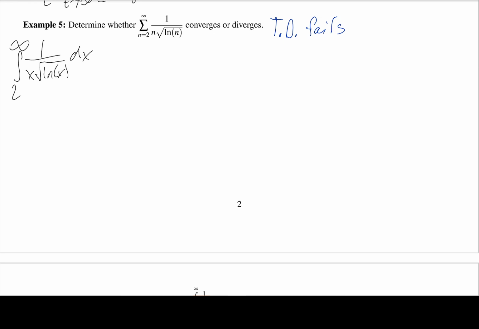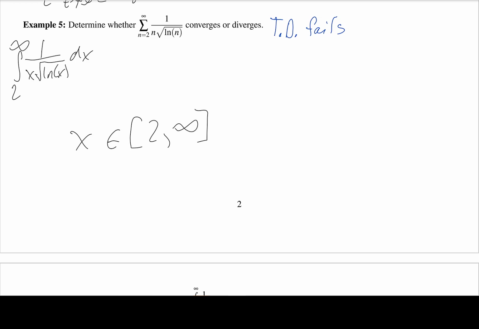Okay, first I need to verify that we can use the integral test. We're not plugging in 0 on the bottom, so we're good. We're not plugging in negative numbers either, so this is going to be a continuous function. It's also going to be positive. Now to verify that it's decreasing, if we take just x in the interval from 2 to infinity, these terms are getting bigger and bigger.